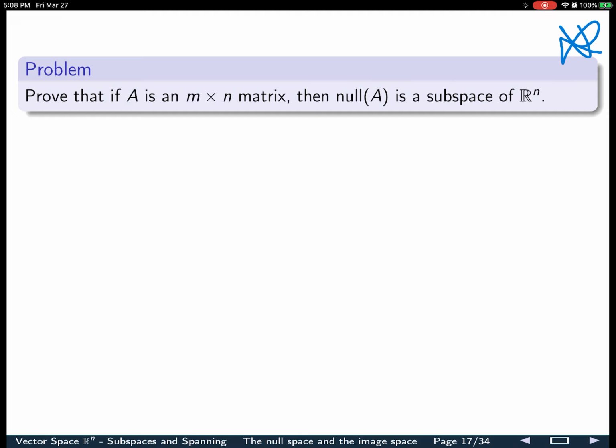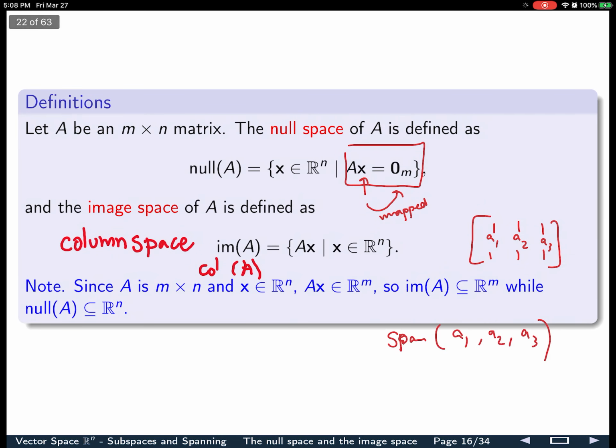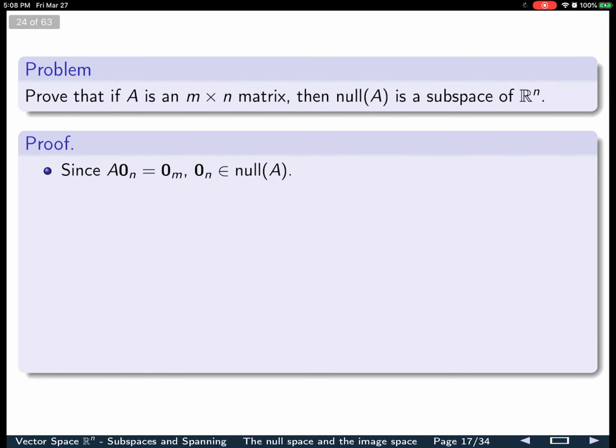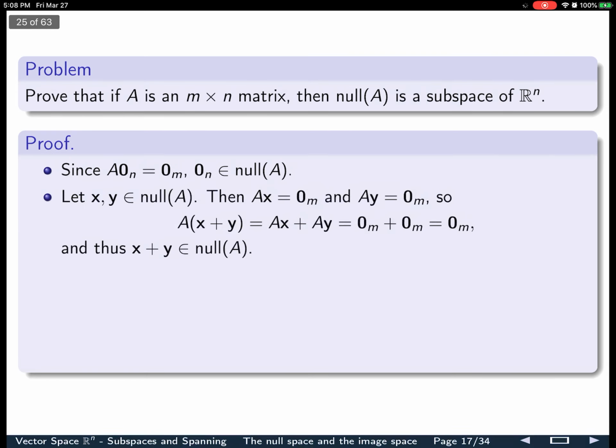But here, we're working in Rn because we're primarily focused on those x vectors that get mapped onto the zero vector. And yeah, the zero vector definitely gets mapped to the zero vector under a linear transformation.